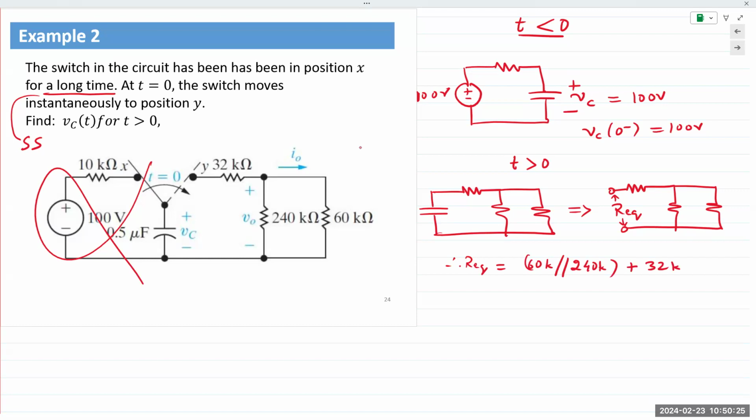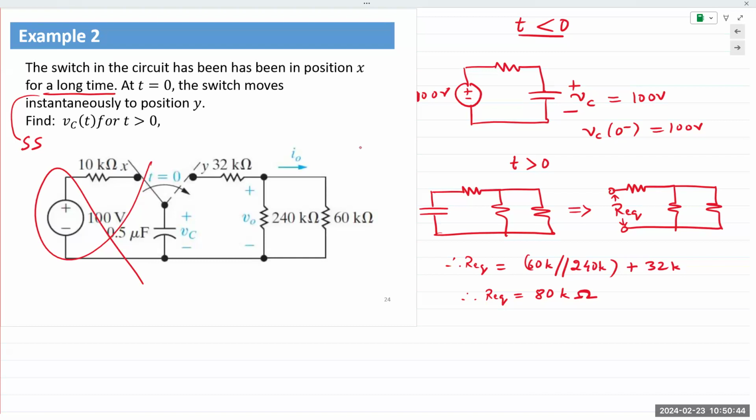When you solve this, you obtain a value for Req as 80 kilo ohms. Okay, 80 kilo ohms. The fully charged capacitor is discharging through the 3 resistors.